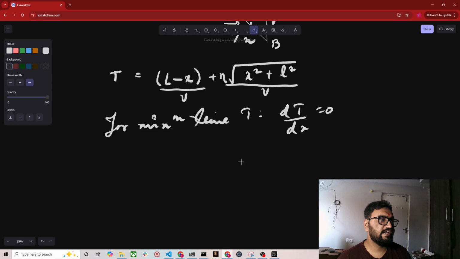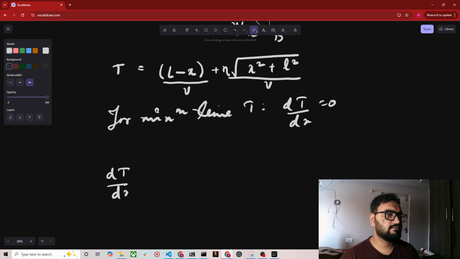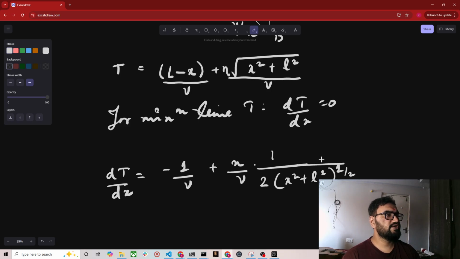If we differentiate this equation with respect to x, we'll get dt upon dx equal to minus 1 by v plus eta by v into 1 by 2 into x square plus L square to the power 1 by 2, and then we need to differentiate x square with respect to x, which gives me 2x.